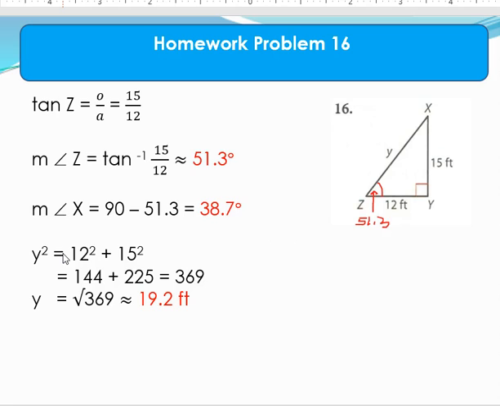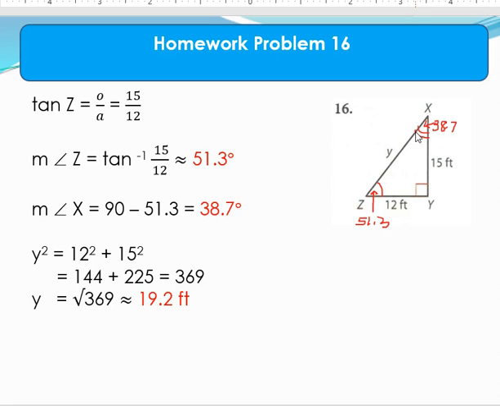And now we have, once again, two ways to find the measure of angle X. You can subtract 51.3 from 90, and that will give you 38.7. Or you can also solve it using your trig ratios, because you have opposite over adjacent in this triangle also, so you could use the inverse of tan to solve and you'll get the same answer.